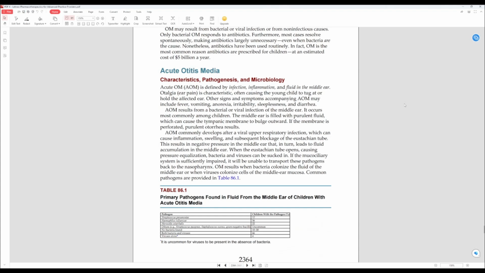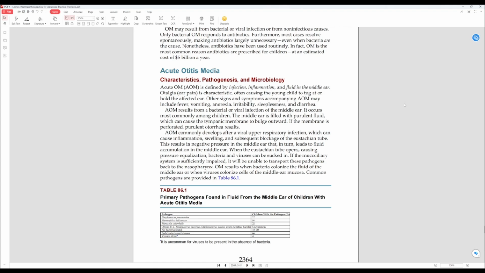So, acute otitis media. The characteristics, pathogenesis, and microbiology. Acute OM, or AOM, is defined by infection, inflammation, and fluid in the middle ear. Otalgia, known as ear pain, is characteristic, often causing the young child to tug at or hold the affected ear.